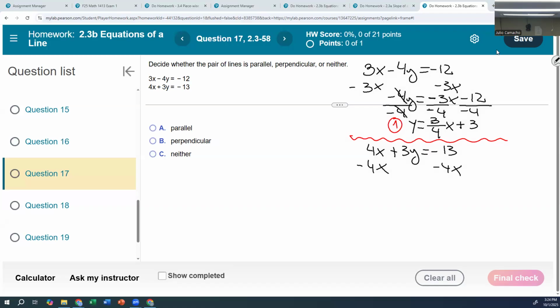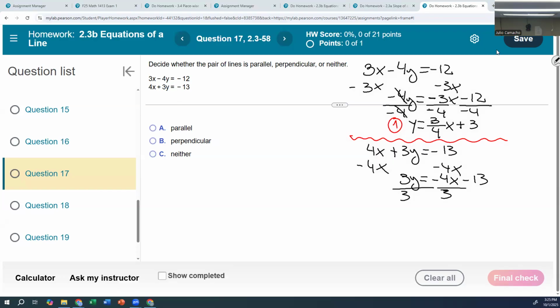When I subtract 4x, now I have that 3y is equal to negative 4x minus 13. Then I divide both sides by 3.